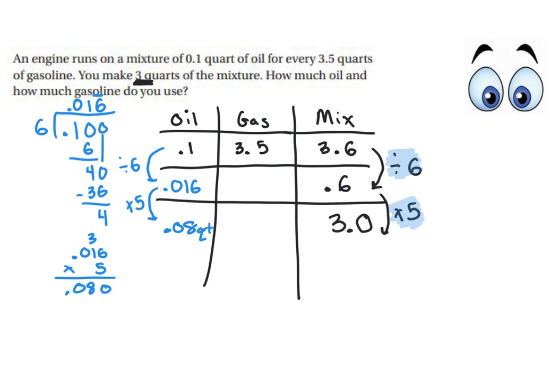Now we just need to do the same thing for gas. Or the smarter thing to do would be to just look here. We have 3 quarts. And we're going to take away 0.08. So 3.00 minus 0.08.